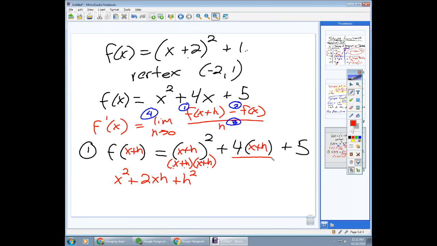Then I move over to this, I have to do my distribution. That's a plus 4x and a plus 4h and then a plus 5 at the end, just hanging out. I think like last time, there are no like terms here. So I expanded it. Most of the time we do need to do an expansion here.